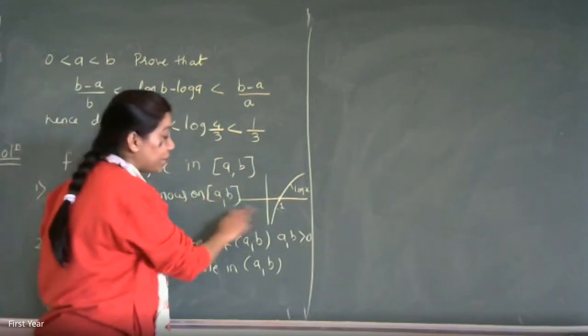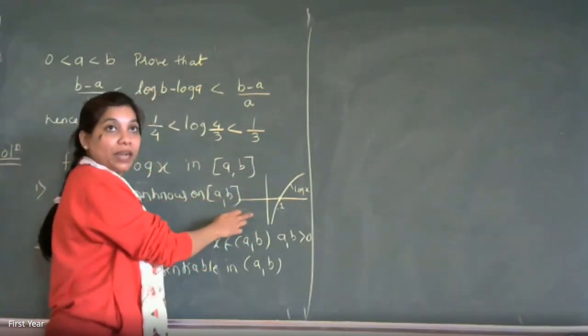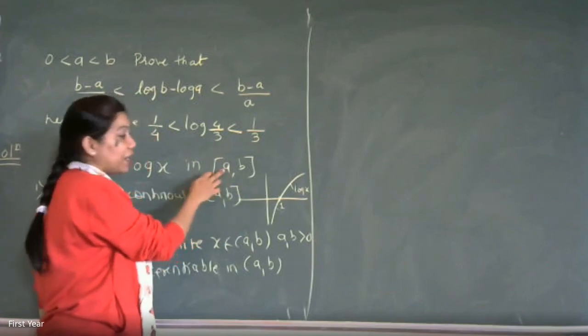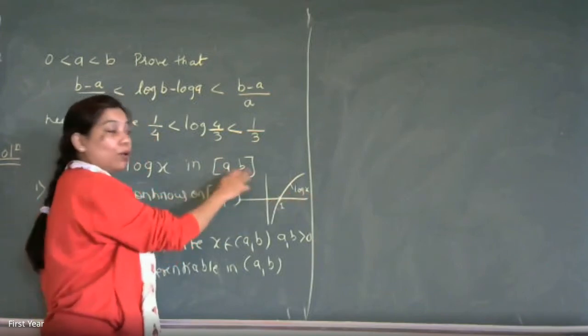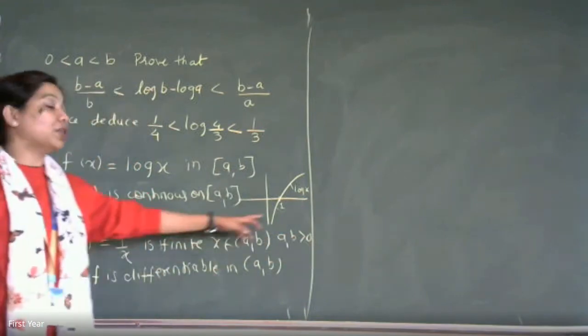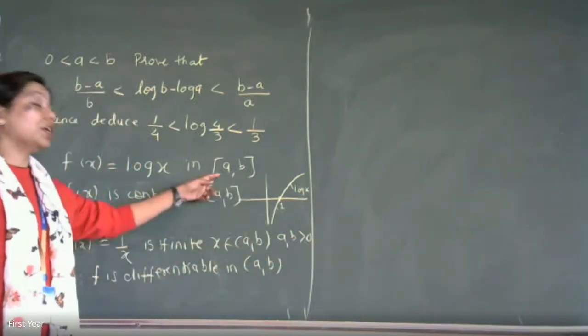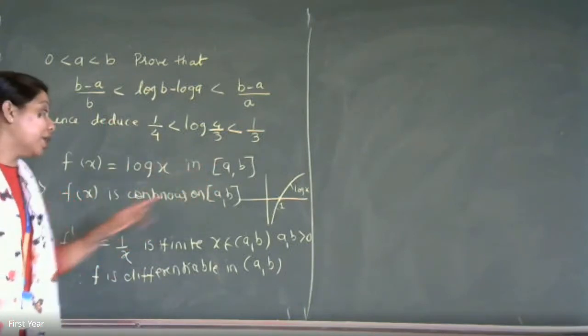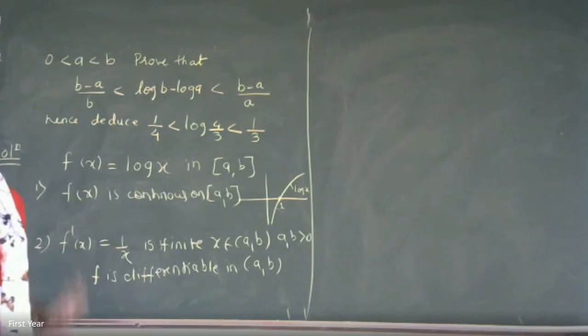Log is not defined for negative values of x. So will x ever be negative? a and b both are positive, so x is never negative. That's why your function is well defined. So what is the interval? The interval is also [a, b], which is greater than 0. Therefore, f of x is continuous in the closed interval [a, b]. Clear?